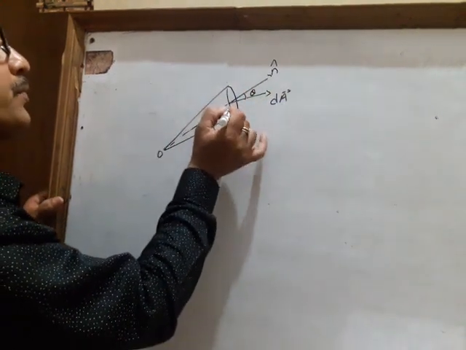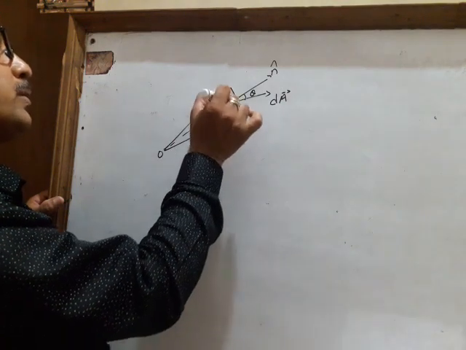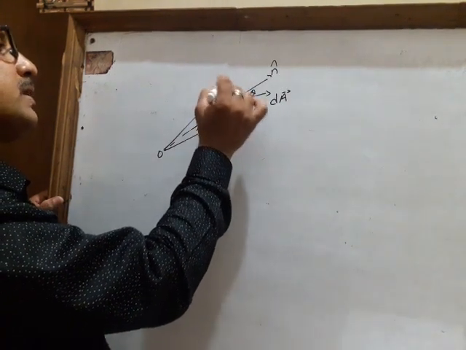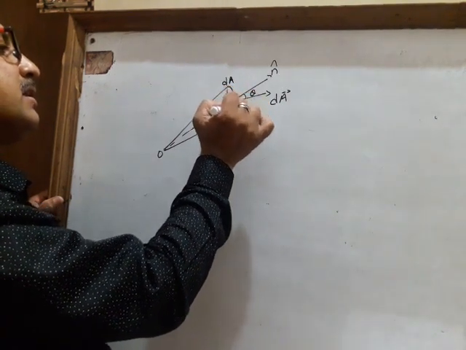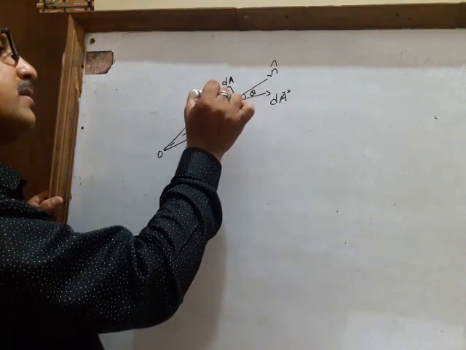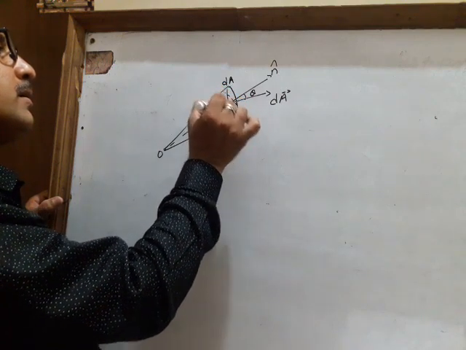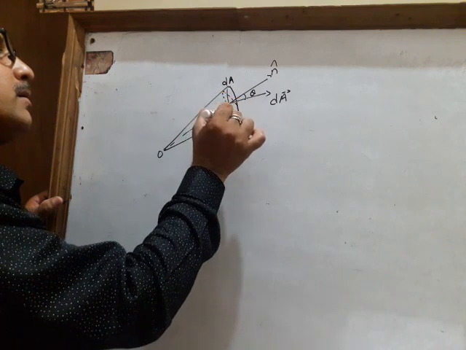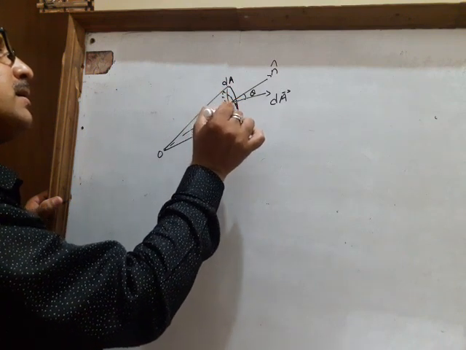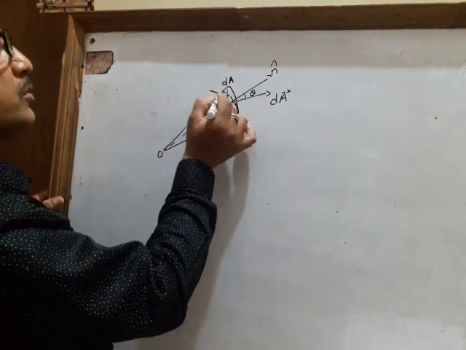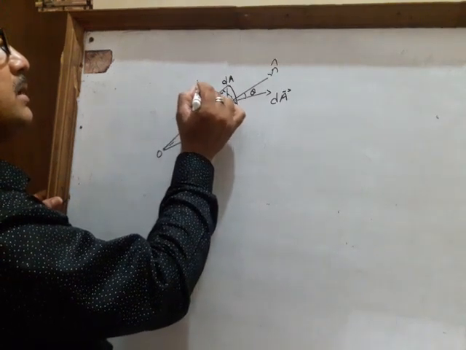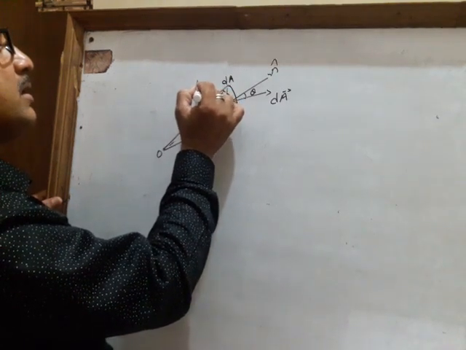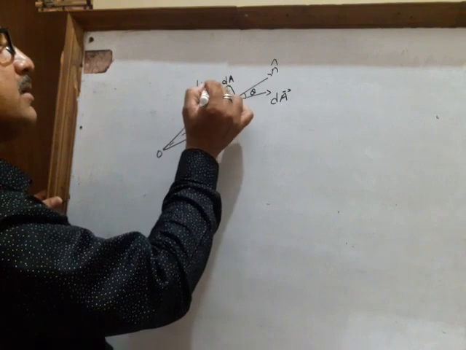If I say the projection of this area, this is the area dA, the projection of this area like this is ds or dA cos theta.